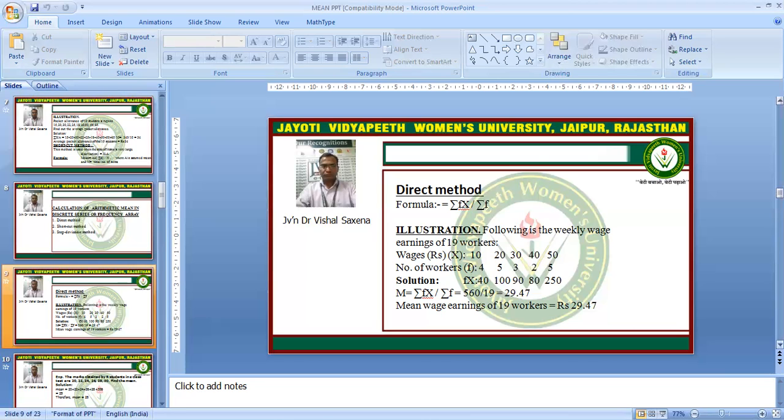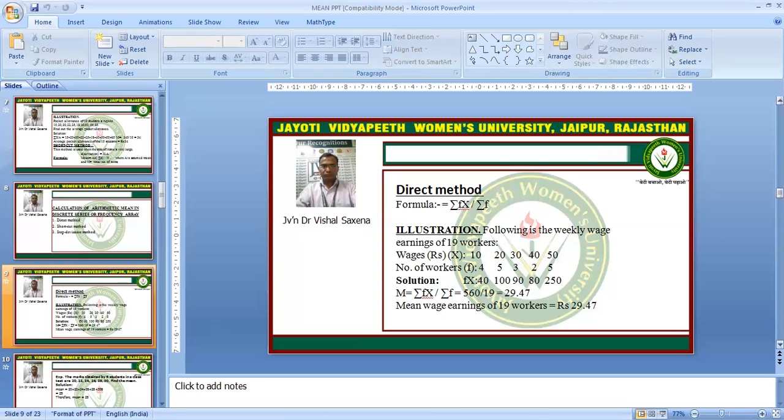Summation f is equal to the sum of all the frequencies, which means 4 plus 5 plus 3 plus 2 plus 5, and it becomes 19.